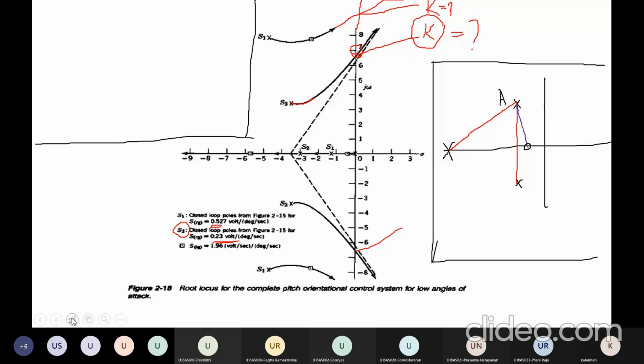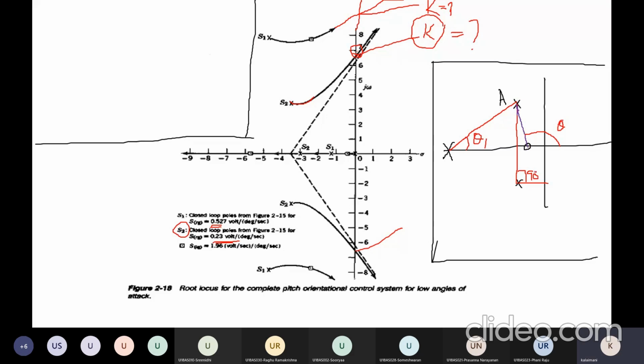So the angle between this line and this line is 90 degrees. Then we need to find this angle, I make it theta 1. This is theta 2.